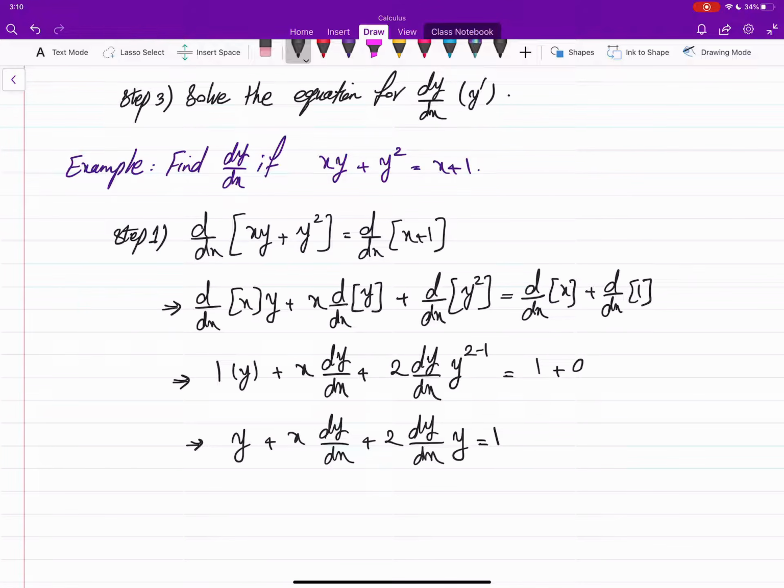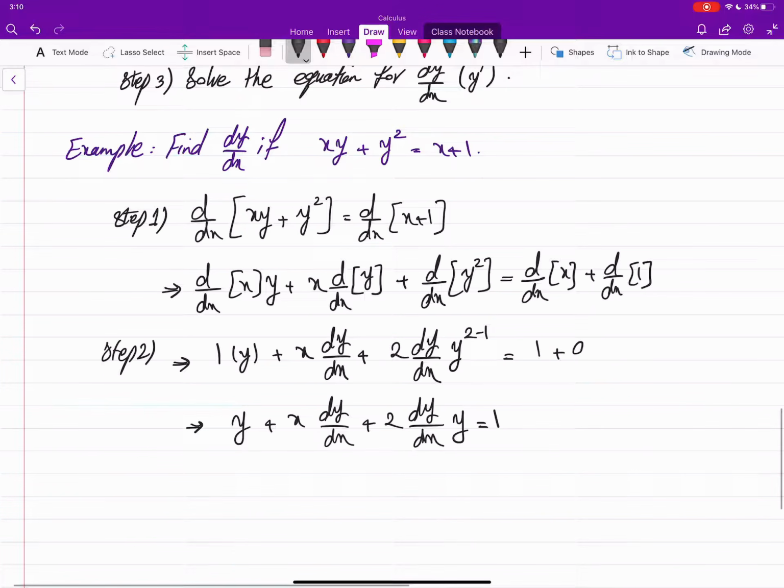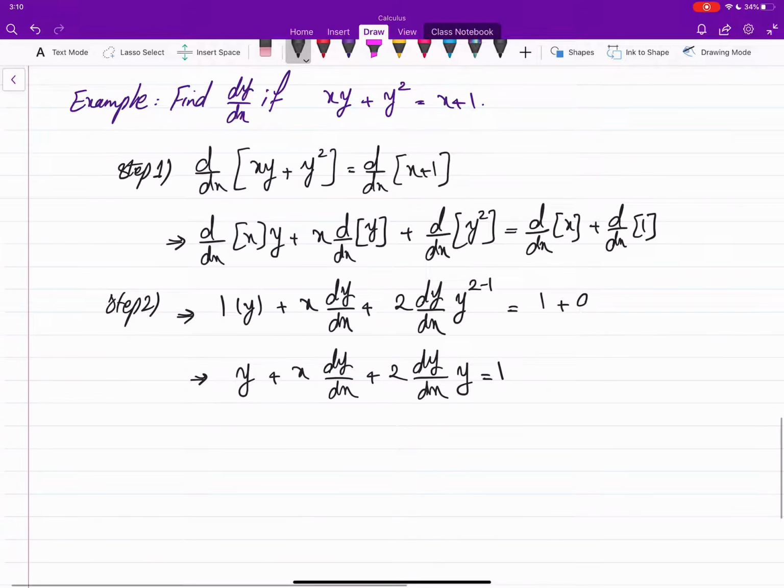Now you look at this equation, you see that this is an equation for dy dx. By the way, I applied step 2 here whenever it came to the derivatives of y or an expression in y, we use the chain rule. And here now we have step 3. We have to solve that equation, isolate dy dx.